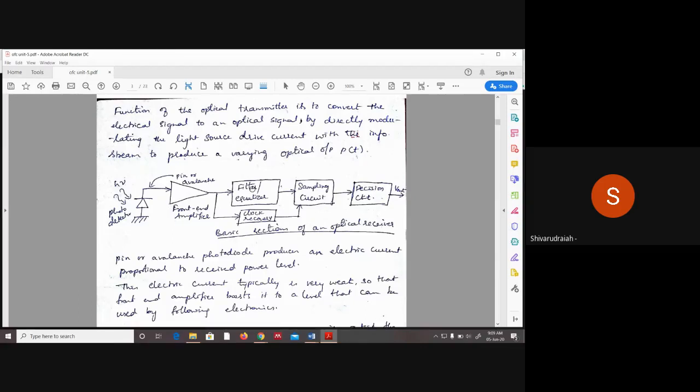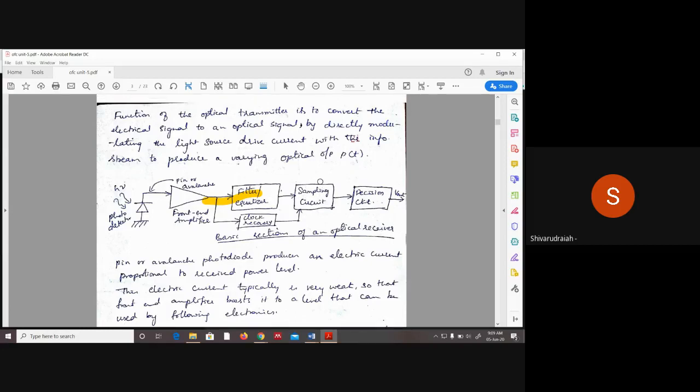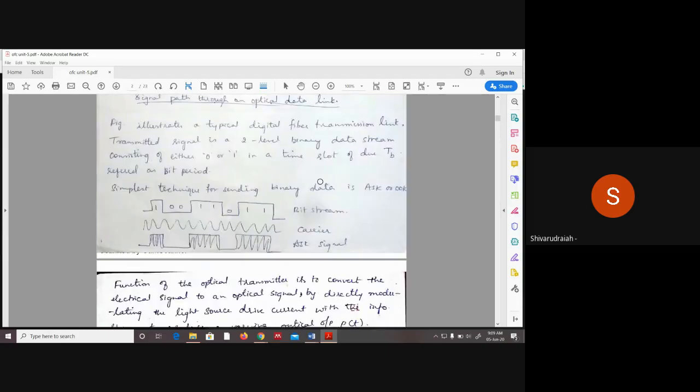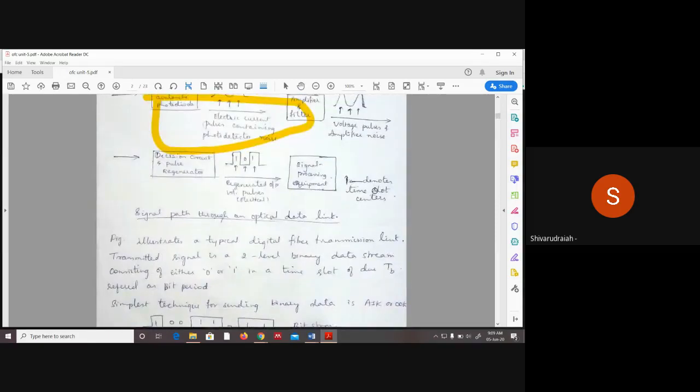Okay. So after the front end amplifier, we have used a filter and equalizer in order to remove the unwanted noises and other distorted components of your information that is being extracted by the detector. Okay. So filter and equalizer is going to filter out the unwanted signal and extract only the original or required information signal, and the sampling circuit is going to fix the time slot centers.